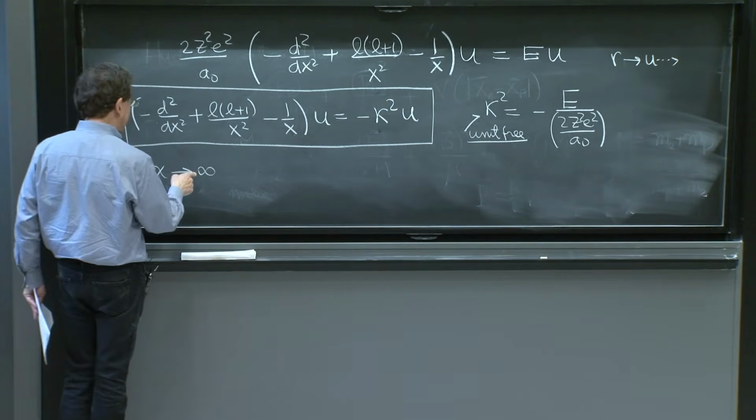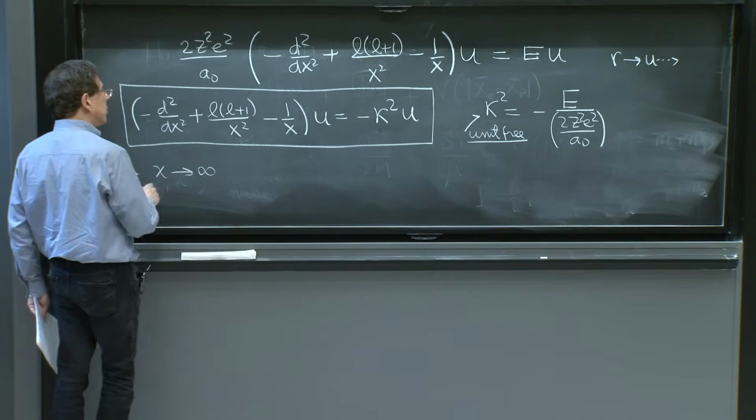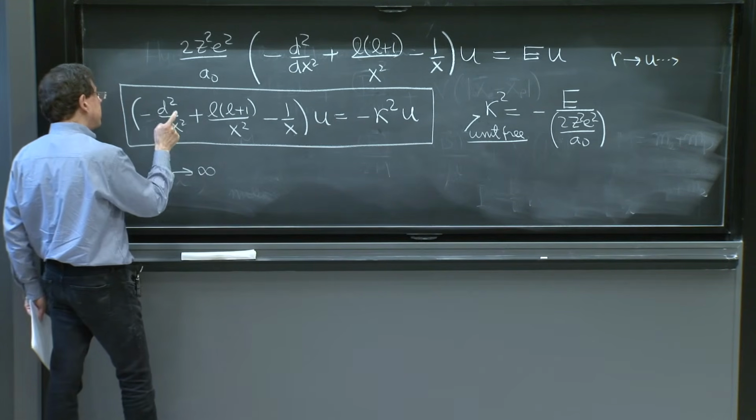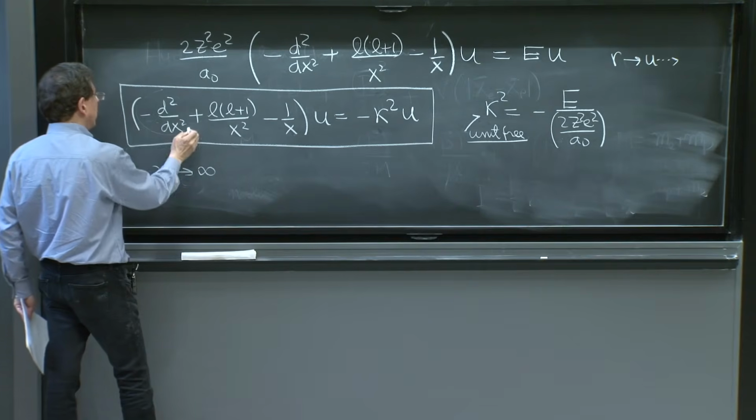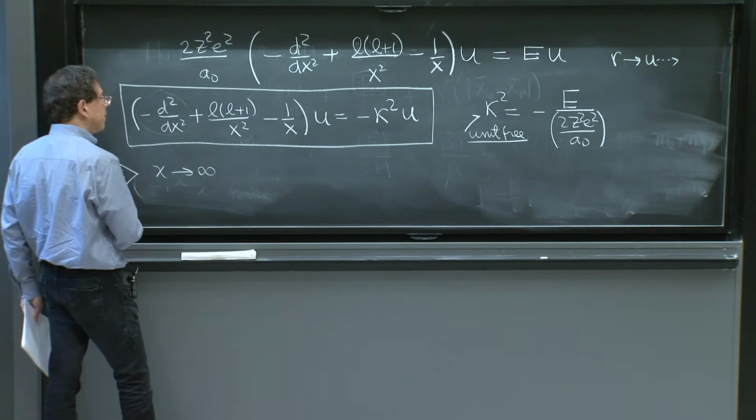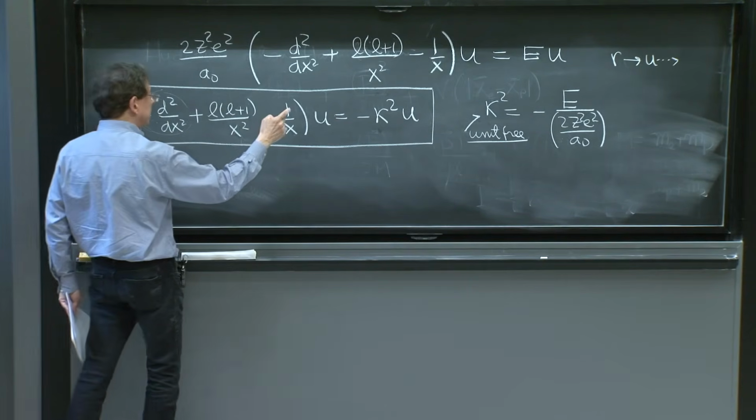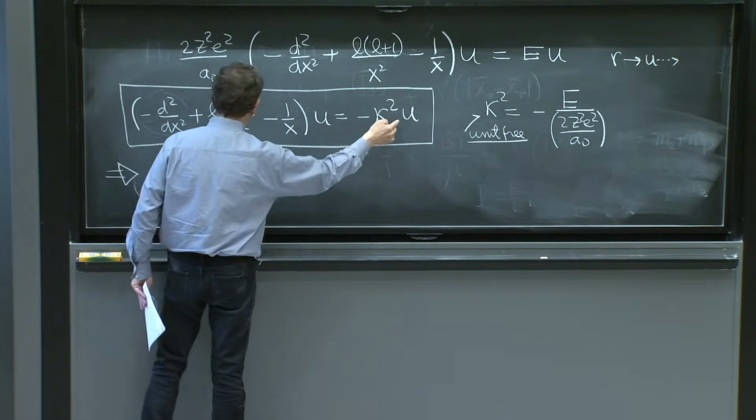So as x goes to infinity, the differential equation probably can be approximated to keep this term, to see how things vary. As x goes to infinity, throw this, and keep that.